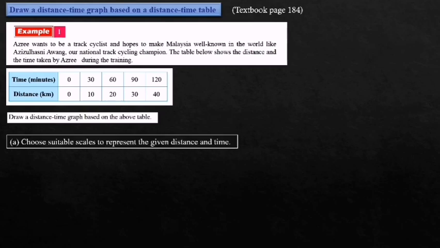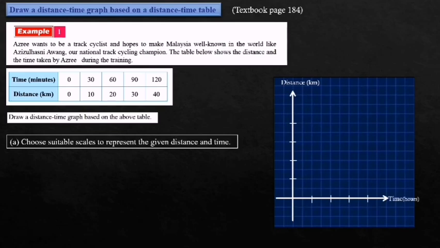First step, choose suitable scales to represent the given distance and time. So we look at the table. Time is 0 until 120 and distance is 0 to 40.